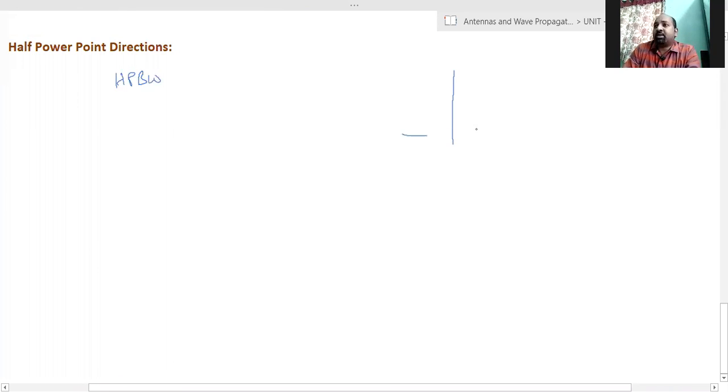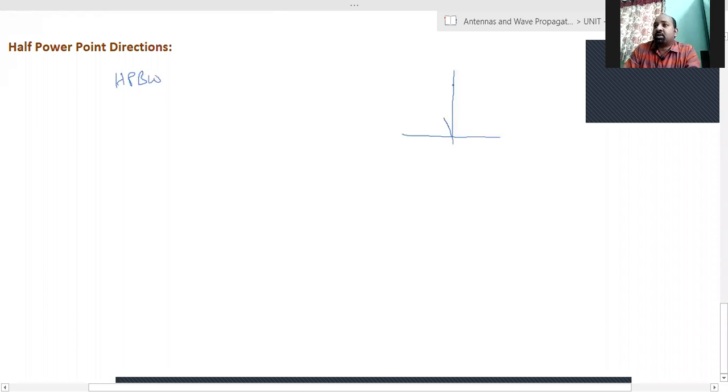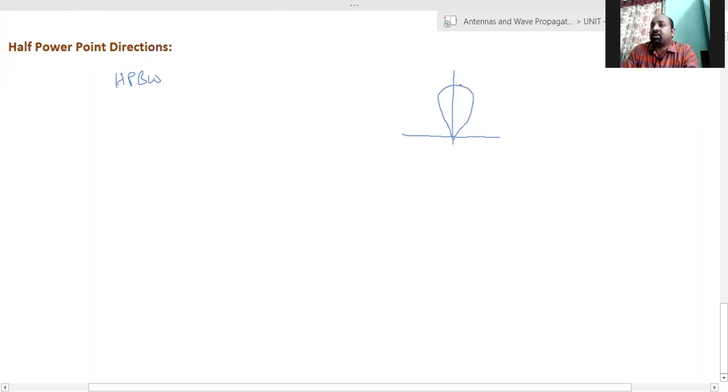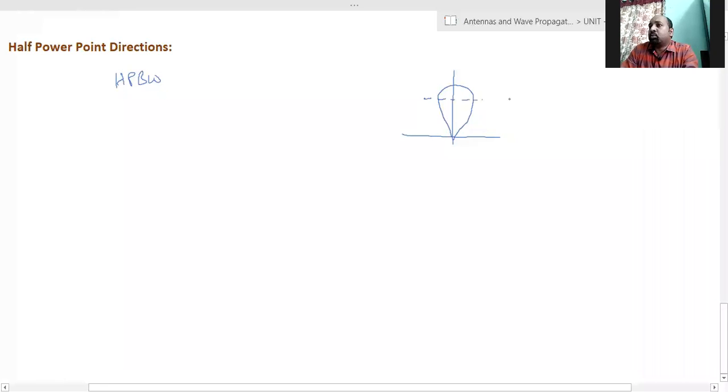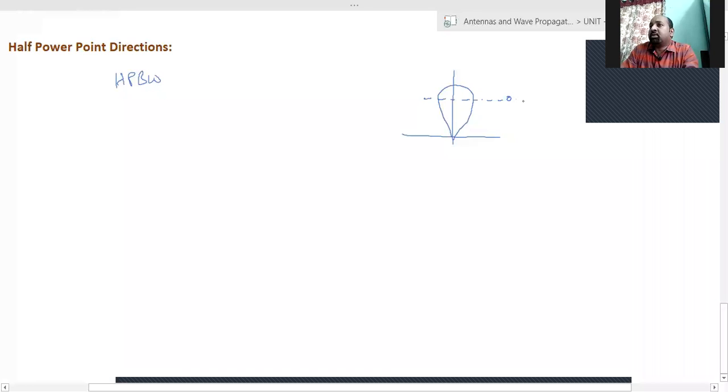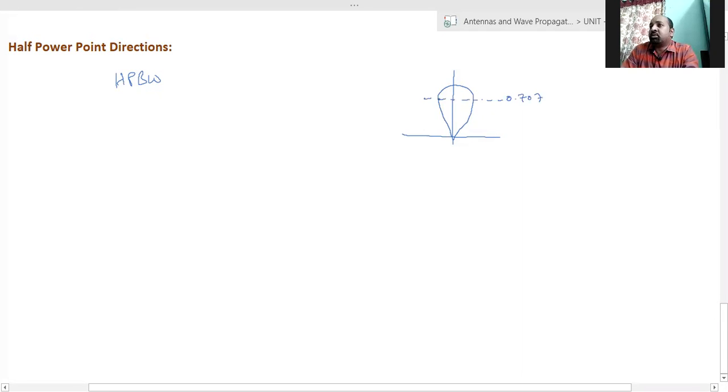I have explained it in my last class. Once again, I will explain to you. So this is the radiation pattern, a typical radiation pattern. Half power means 1 by root 2, which is 0.707.